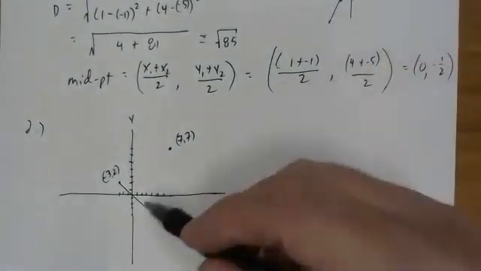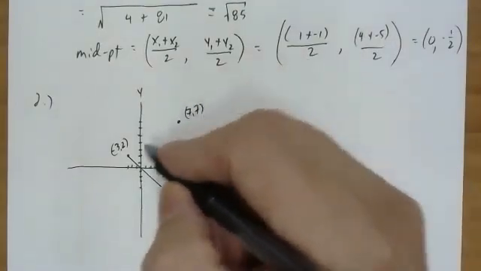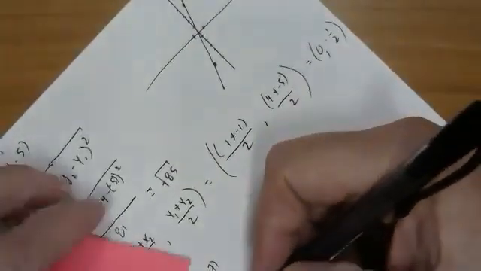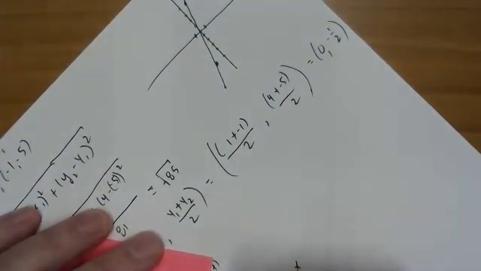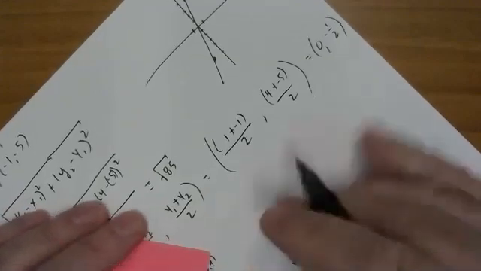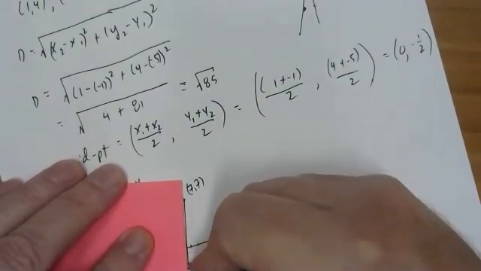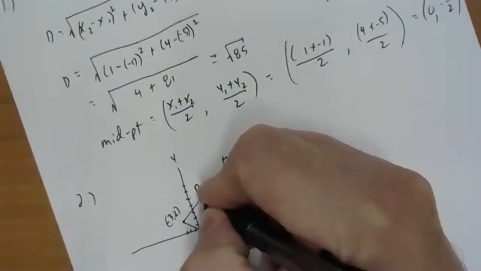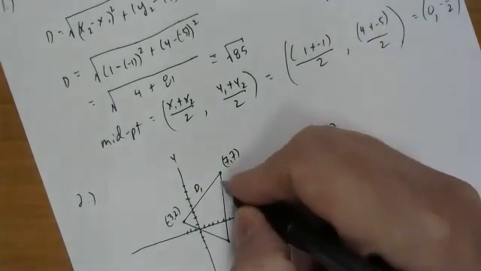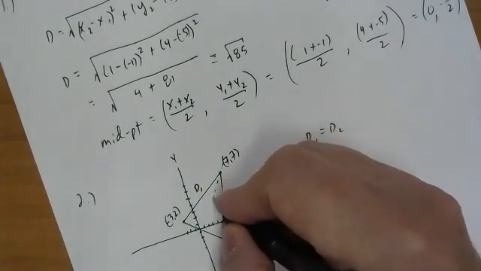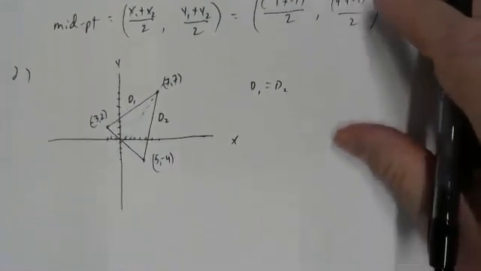My graph might not be perfect, because I drew it by hand. I'll call this distance 1 and distance 2. For this to be on the perpendicular bisector, these distances have to be the same. That's how we prove it.